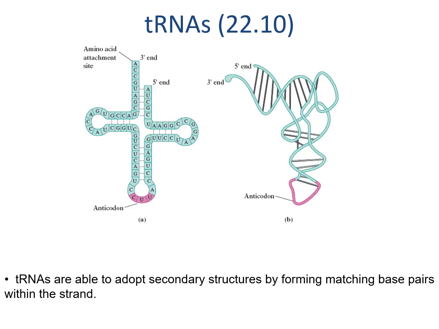Those codes are interpreted through transfer RNAs, or tRNAs. tRNAs are bound in the ribosomes so that the anticodon section, a 3-letter sequence on the transfer RNA, is able to match onto the codon section of the messenger RNA. Each of those transfer RNAs has a specific site to attach an amino acid that is specific to that transfer RNA.